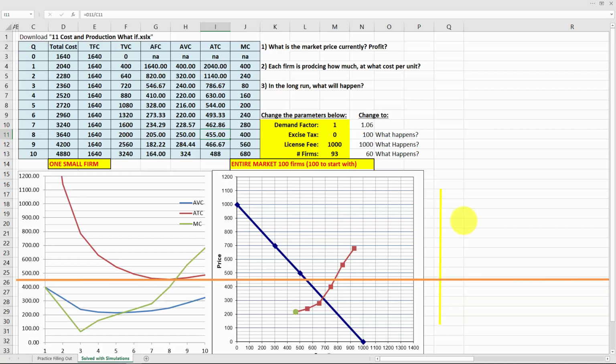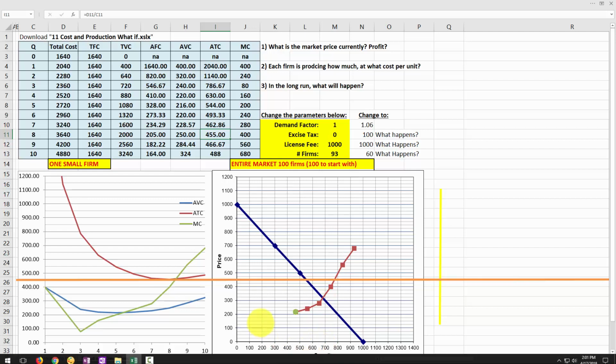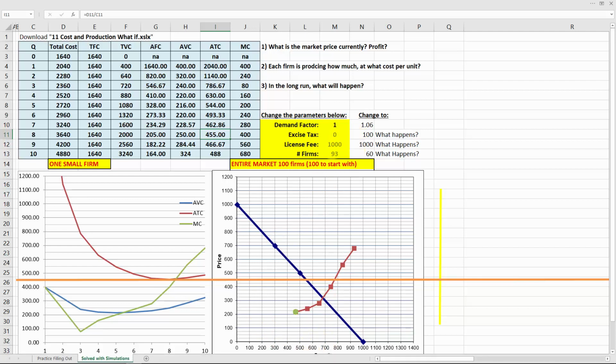So what's going to happen today is, hey, before this license fee, I was breaking even, and I was able to pay myself, the entrepreneur, that normal profit. But after this license fee, I'm losing a pile of money. In the short run, a license fee like this won't appear to have much of an effect from the consumer's view. The price isn't going to change, the quantity isn't going to change, but the business owners are going to be losing lots of money.